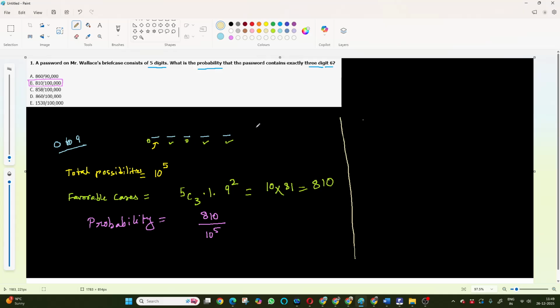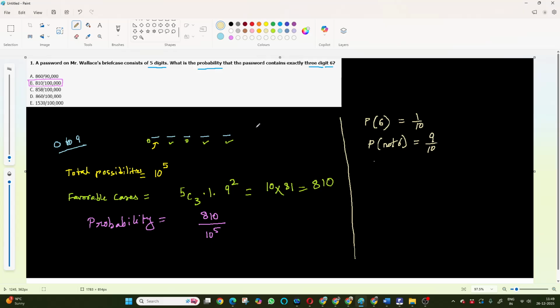If I were to talk about the probability of finding a six out of 10 digits, that would be 1 by 10, because this is one digit out of 10 digits. What is the probability of not having a six? That is 1 minus 1 by 10, which is 9 by 10.